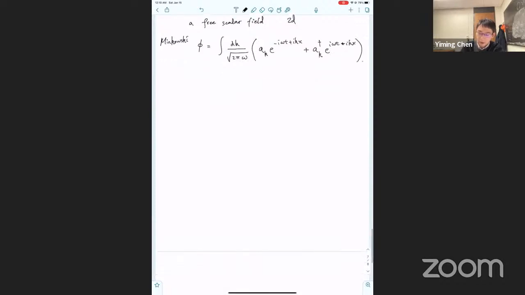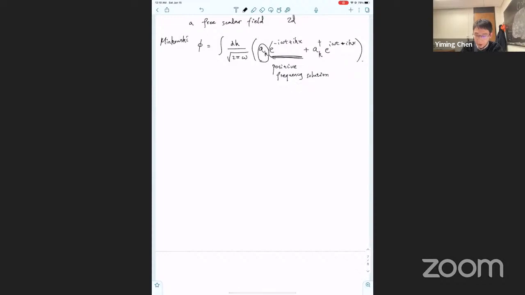Okay, let me emphasize that the annihilation operator multiplies the positive frequency solution. That is the convention people usually choose.